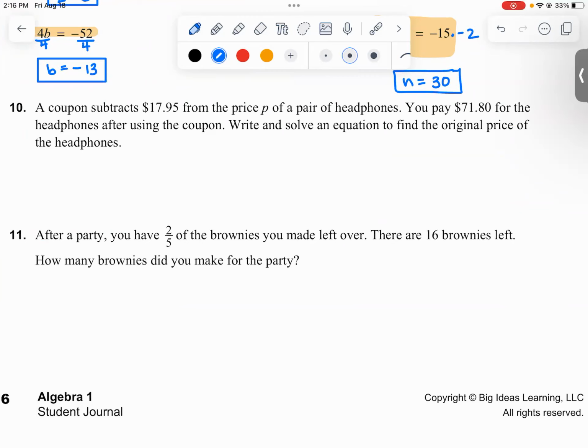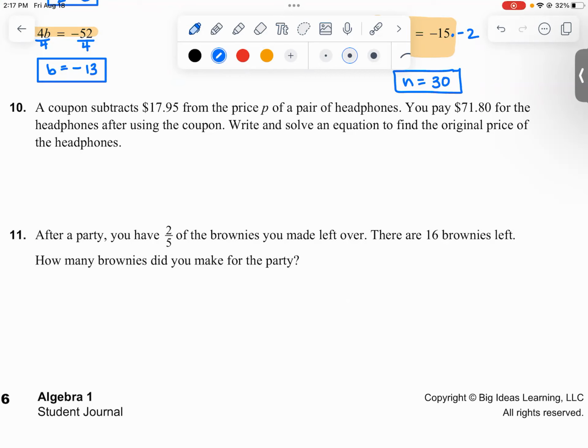P represents the price of the headphones. You have a coupon that subtracts $17.95 from the price. You pay $71.80 for the headphones.